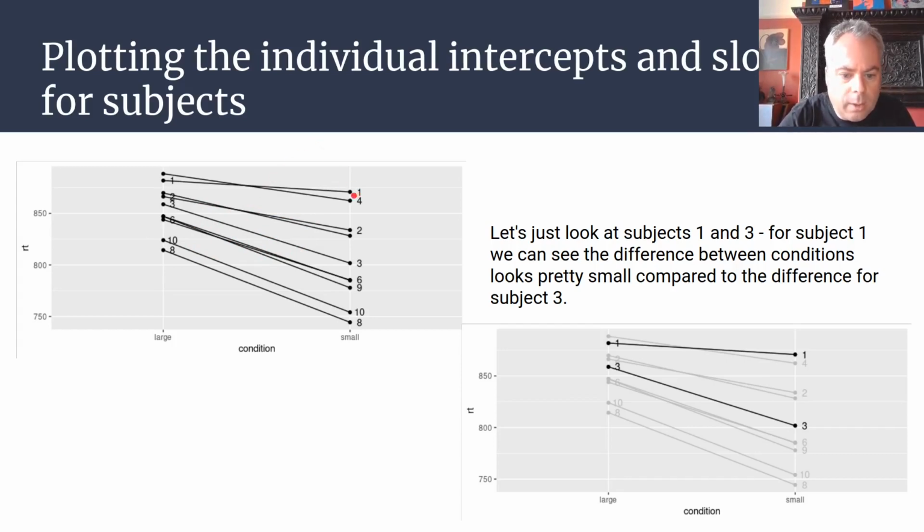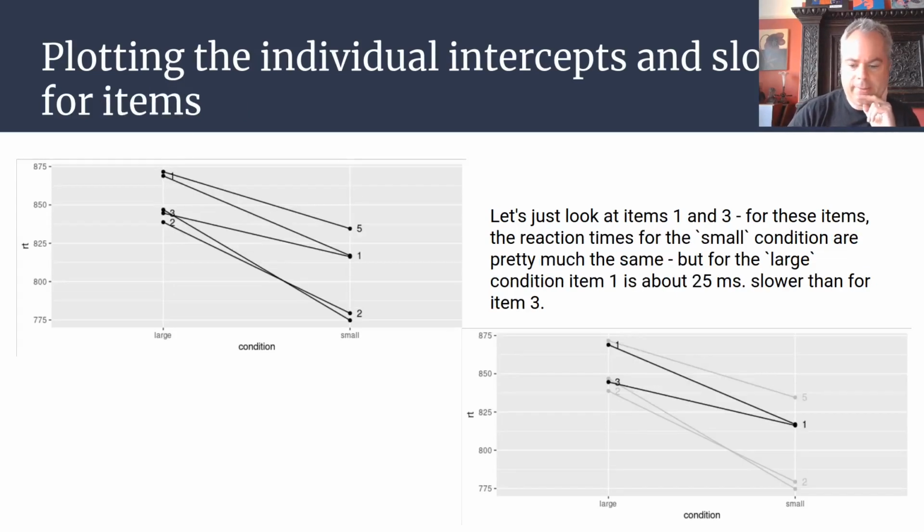So subject 1, this line here, is showing a pretty small difference between the two experimental conditions, in contrast to, say, subject 3, who's showing a much bigger difference between the two experimental conditions. We see them highlighted down here. So for subjects, we've now modelled the fact that the magnitude of the difference between conditions varies from one subject to the next. And we've also done the same for items.